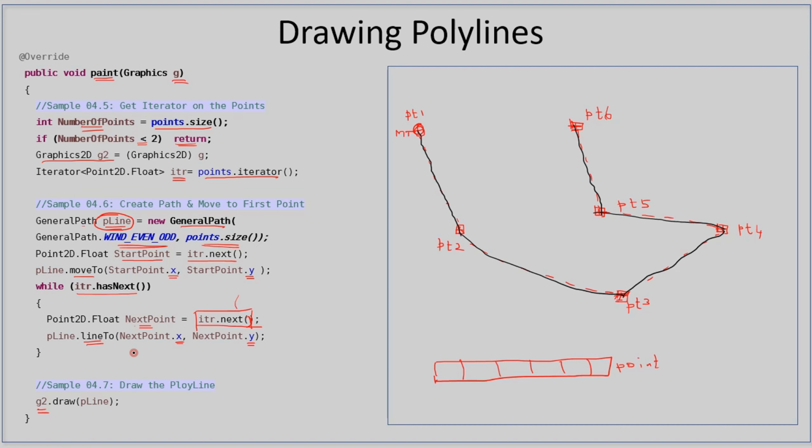And if you see in this example, we don't make a call to closePath when we are defining the path, so the shape will be drawn like this and it is open-ended. If we had called closePath, then the path would be closed.